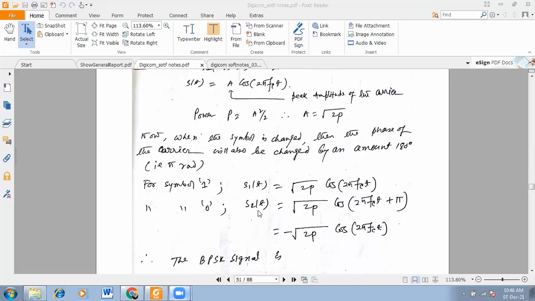For logic 0 we send S2(t), which is cos(2 pi f_c t plus pi). You know that cos(pi plus theta) is minus cos theta, so a negative sign appears. So if you send 1 and 0 one after another, in the transmitted signal we get a 180 degree phase shift. The phase shift is available in the transmitted signal, not in the baseband signal.